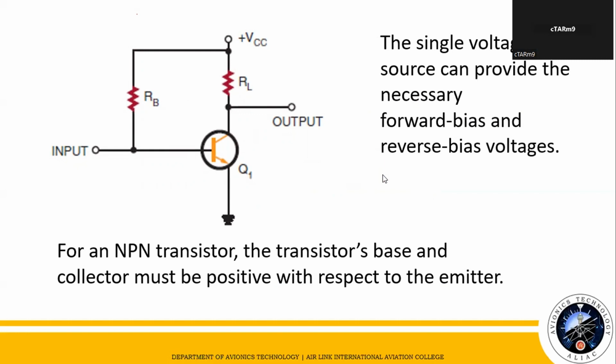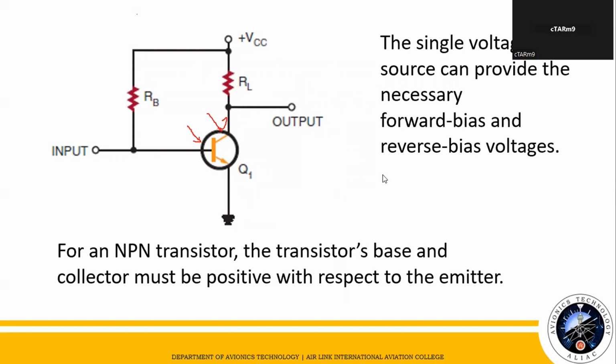So for NPN transistor, the transistor base and collector must be positive with respect to the emitter. Therefore, the voltage source can be connected to the base and the collector. Yan. Through the resistor RB and RL.